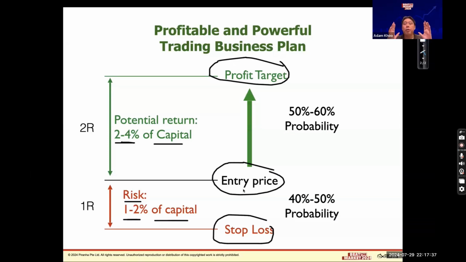And we know that if we follow the high probability setup, where we only enter a long trade on a stage 2 uptrend, we get in at the strong support. We wait for a bullish candlestick pattern. We wait for the stochastics to be oversold, or we wait for the slingshot setup: Bollinger Bands hitting the lower Bollinger Band, stochastics oversold, and a bullish candlestick pattern.